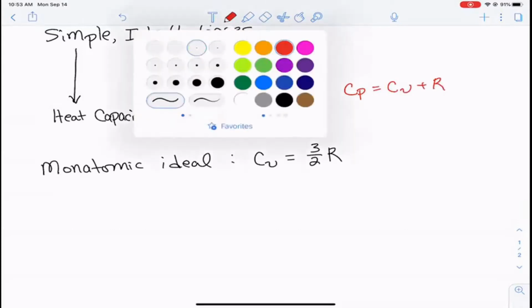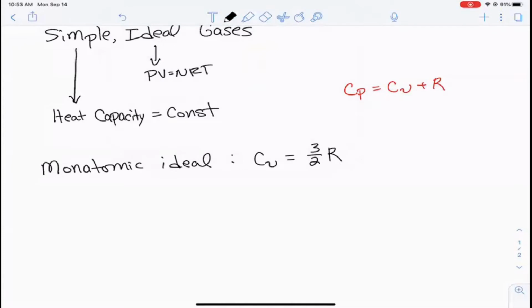So this allowed us to say that if CV for a monatomic ideal gas is 3/2 R, then of course CP is just 3/2 R plus R, which is 5/2 times R. And then we talked about the new modes in which a diatomic molecule can store energy that a monatomic compound can't.